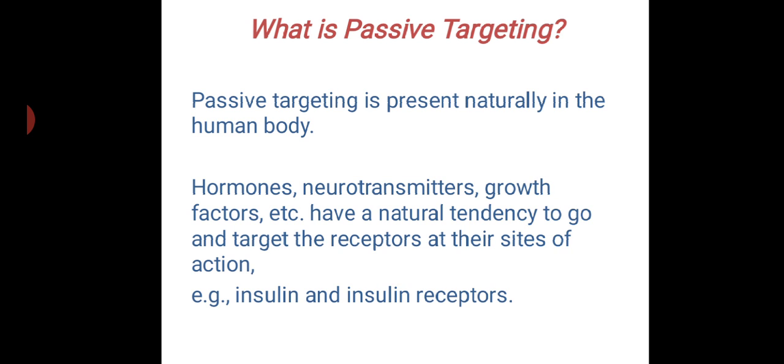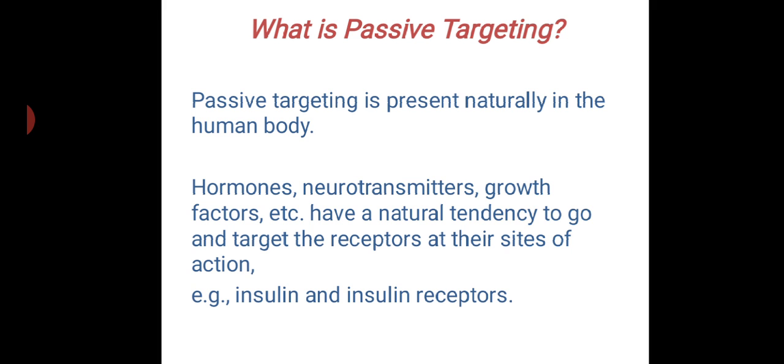So these endogenous substances, or these hormones, have the inbuilt or natural tendency to bind with their targets. It is not monitored by an external carrier or an external facility.